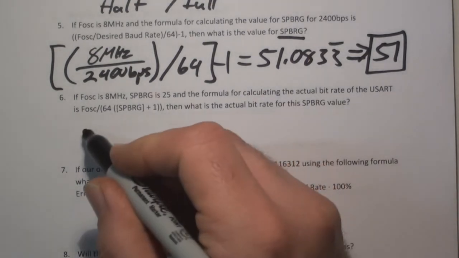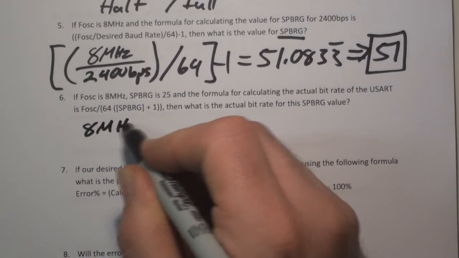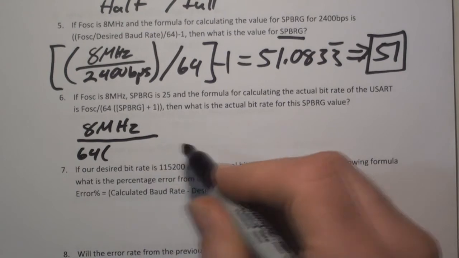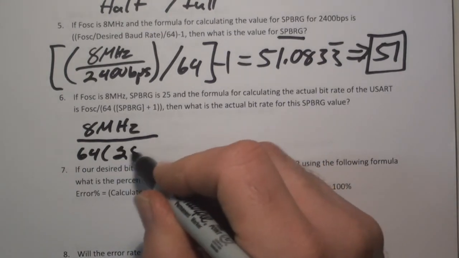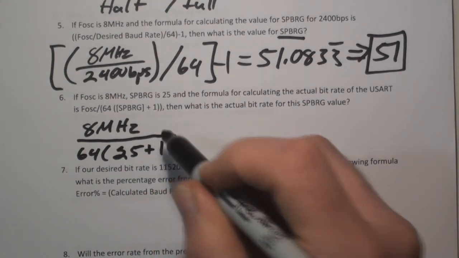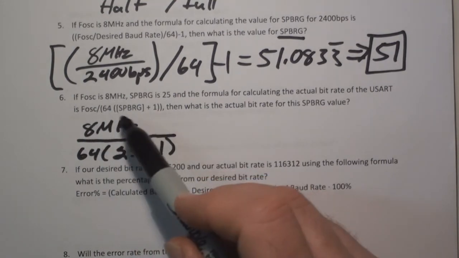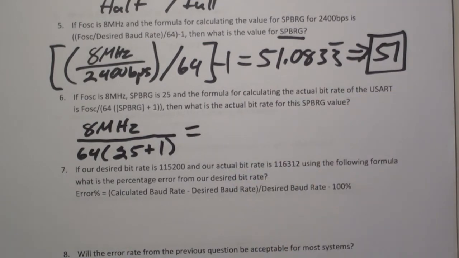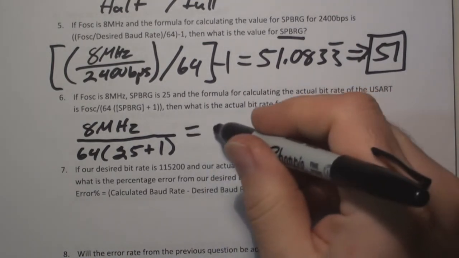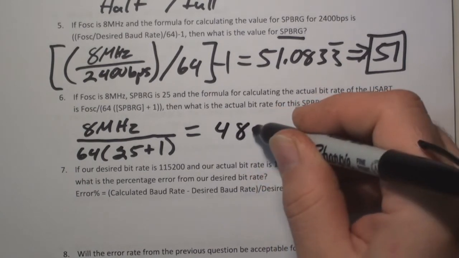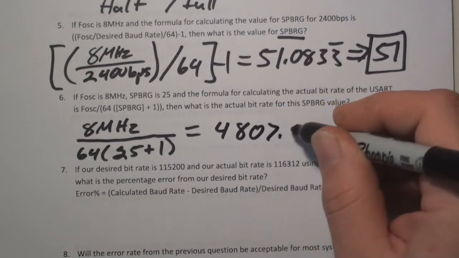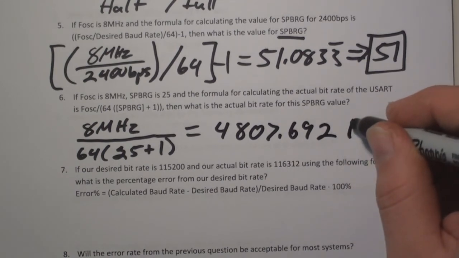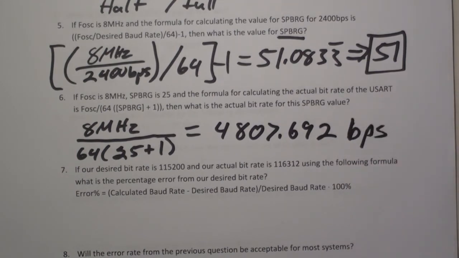So it's 8 megahertz divided by 64 times 25 plus 1, where FOSC is 8 megahertz, SPBRG is 25. So let's calculate this. This comes out to 4807.692 bits per second.